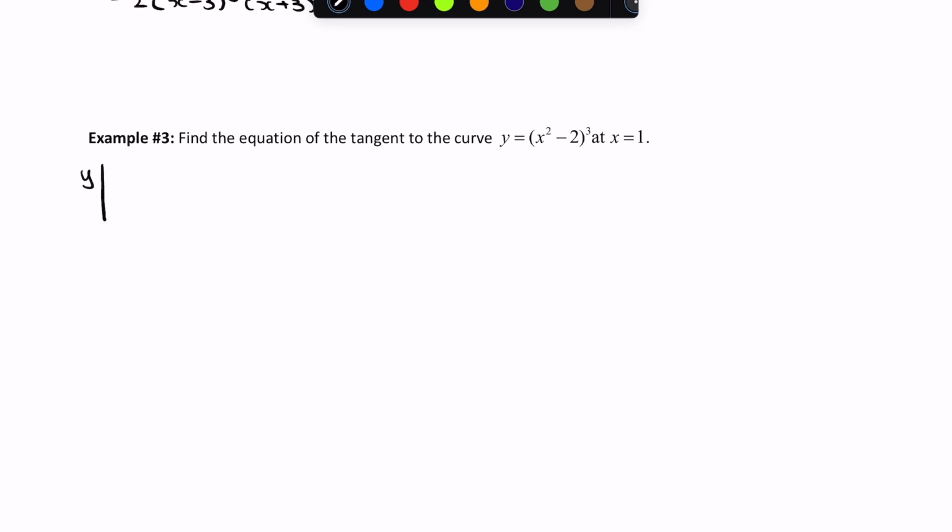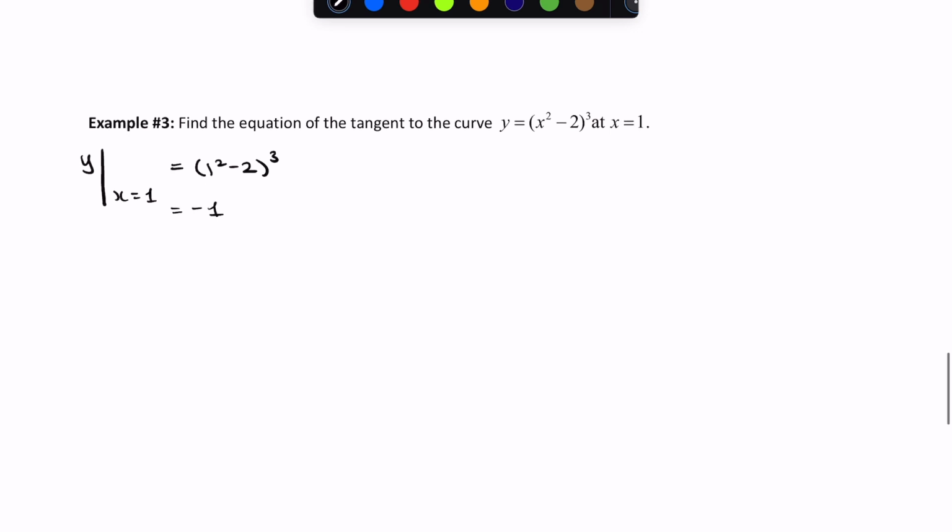So the y value at x is equal to 1 here is equal to (1 squared minus 2) to the power 3, which is equal to just negative 1. And so our point that we'll use to sub in at the end will be (1, negative 1).